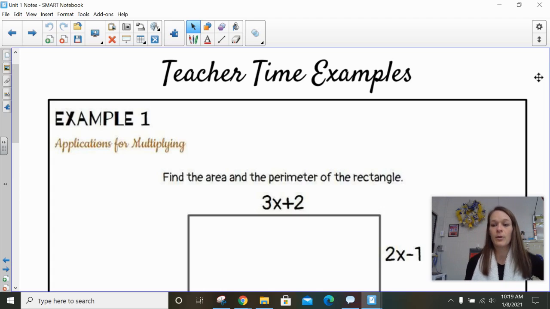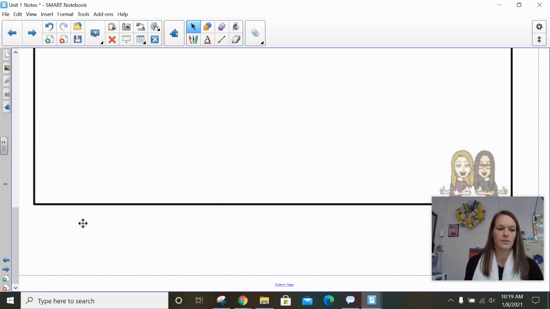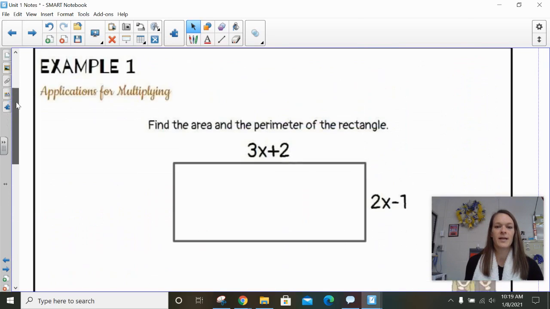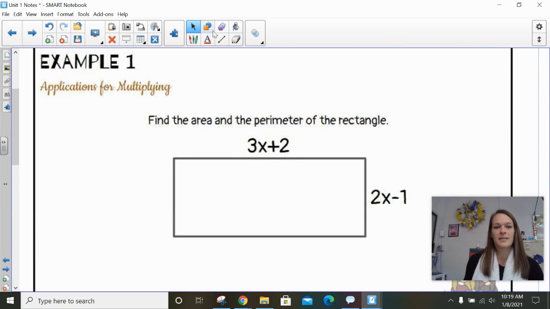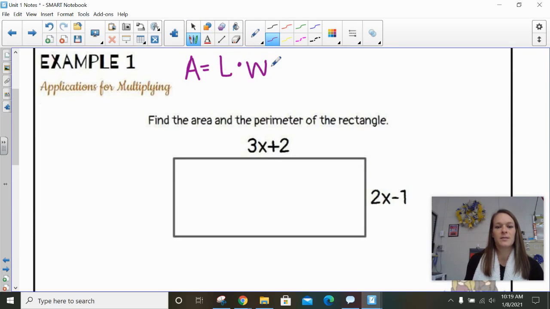Okay, so area will be the space inside of the rectangle. And remember you have an area formula for a rectangle that is length times width. Perimeter is when you take all the sides of a rectangle and add them together. And remember that opposite sides for a rectangle are equal.